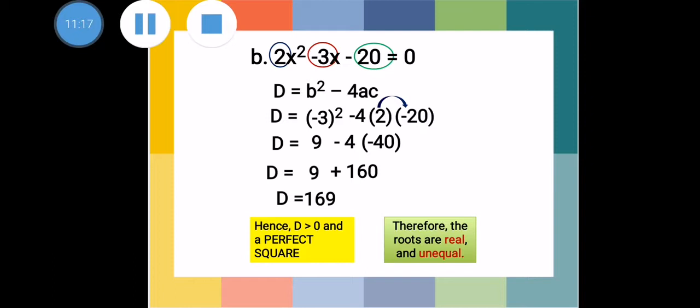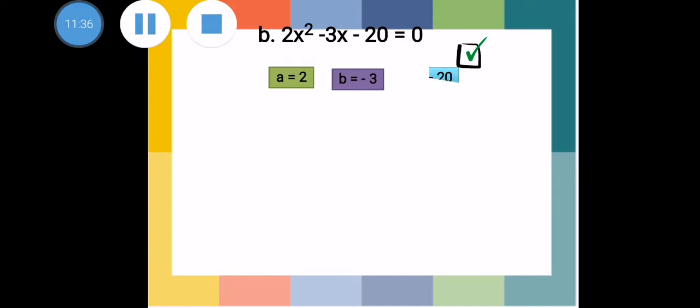So, tingnan natin ngayon. Gamit po ang quadratic formula, isosolve natin ang roots, first and second roots. So, identify nyo muna ang value ng quadratic term. A is 2, linear term is negative 3, and the constant term ay negative 20. So, kapag negative na po yung value ni B, at saka ni C, iingatan na po natin yan, kasi baka po tayo ay magkamali, nakakalimutan.